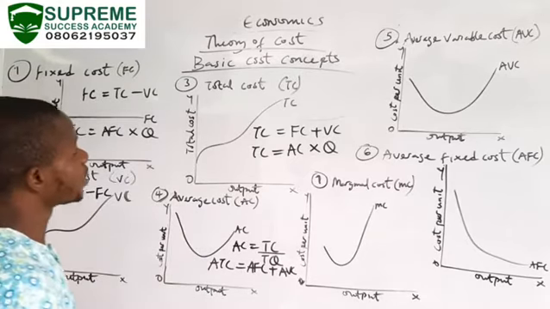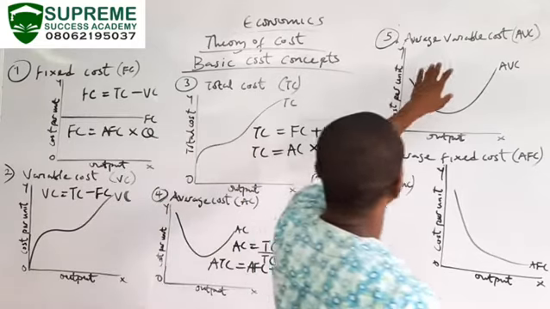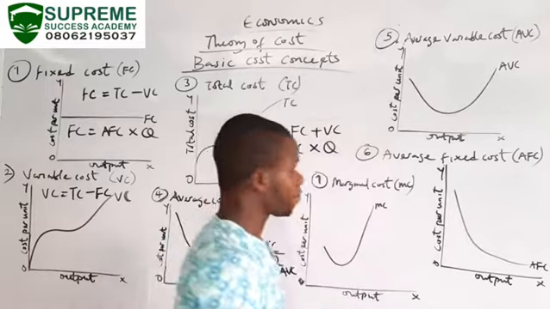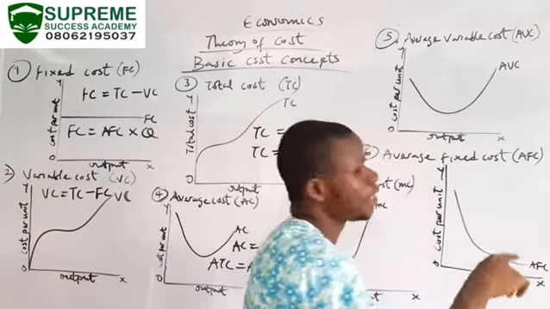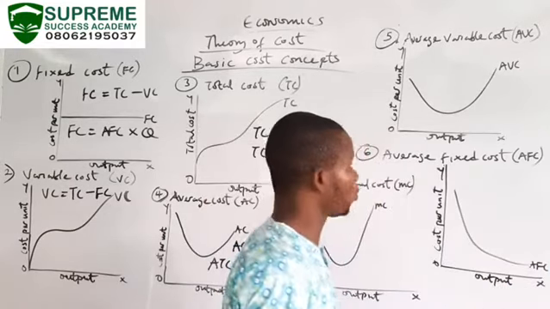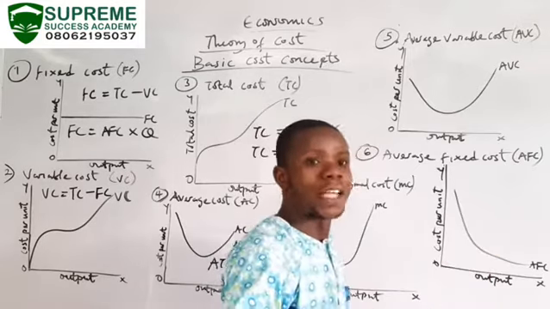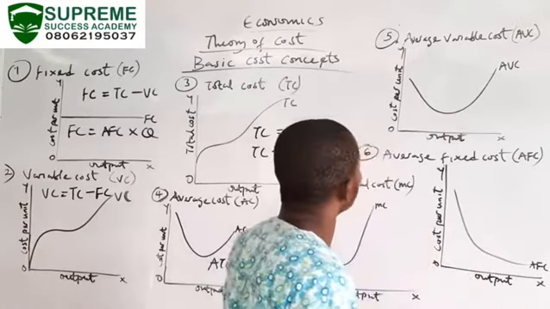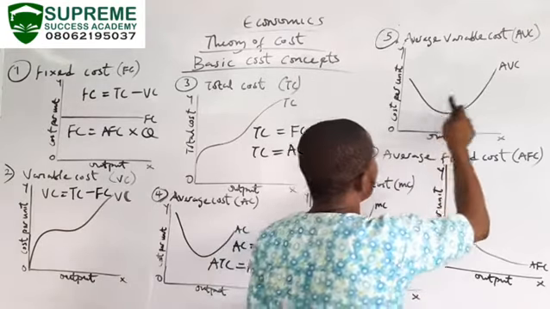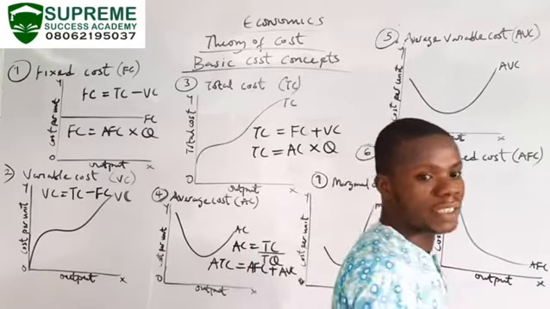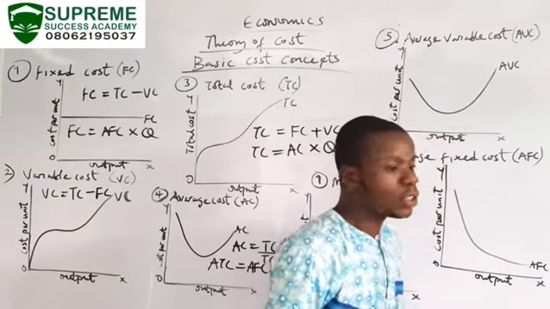The fifth one, which is average variable cost. This average variable cost is the cost per unit of variable output. That is, we want to know the average cost per unit of variable output. This is the graphical representation of average variable cost, which we abbreviate as AVC.